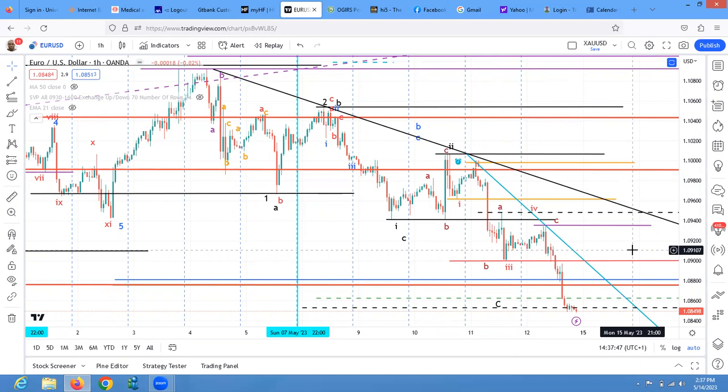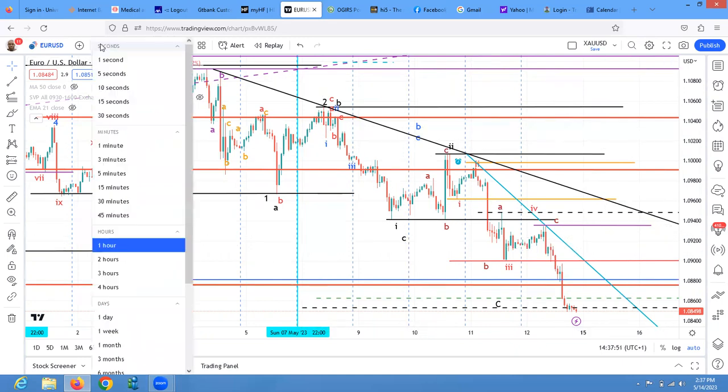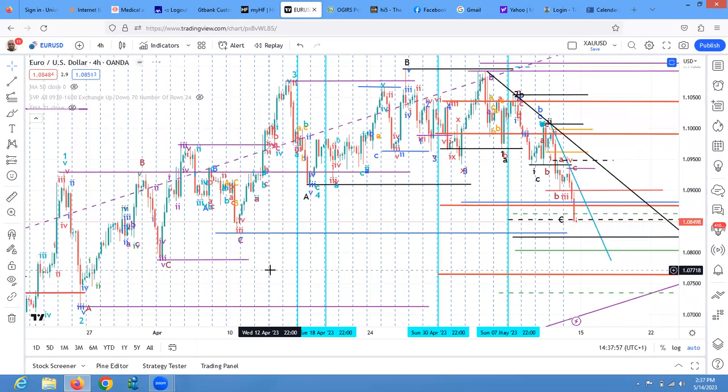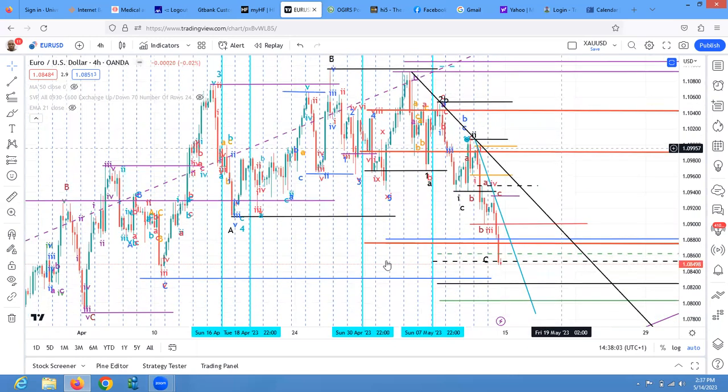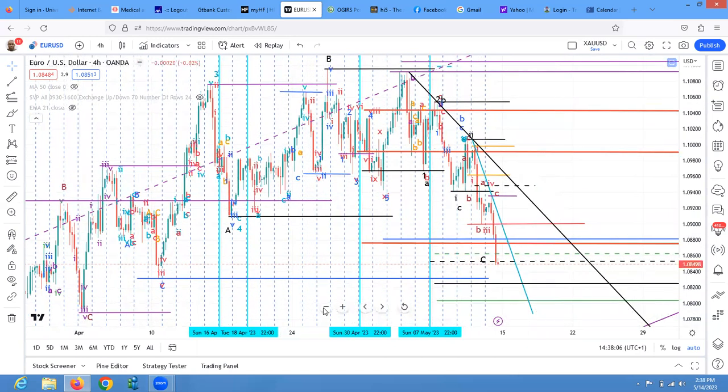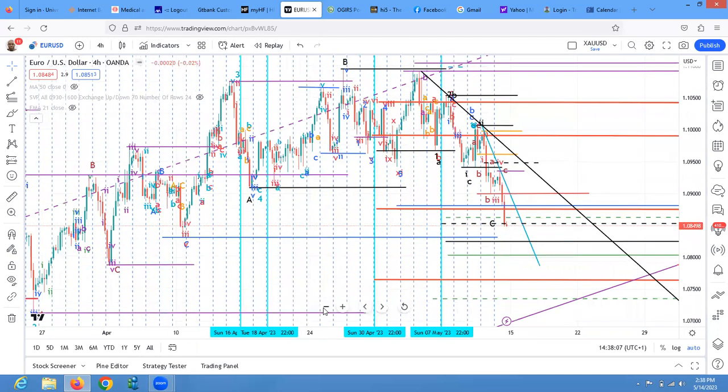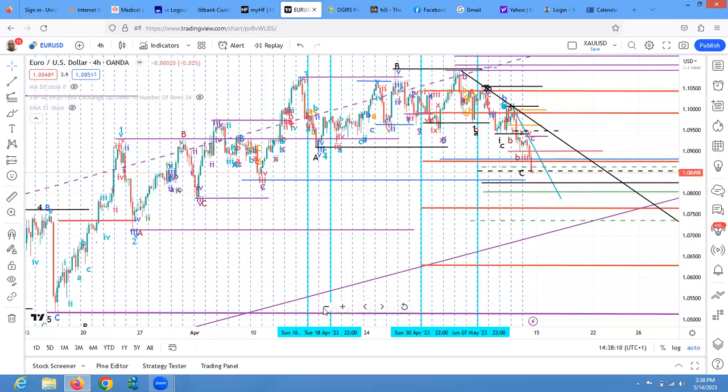But how do we project, how do we align ourselves? The best way to align ourselves is this. If we go on the 4 hourly now, the way to align ourselves is this. On the 4 hourly, now this is where the whole move started from.